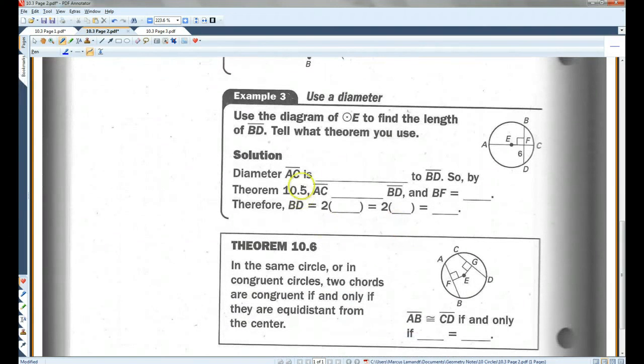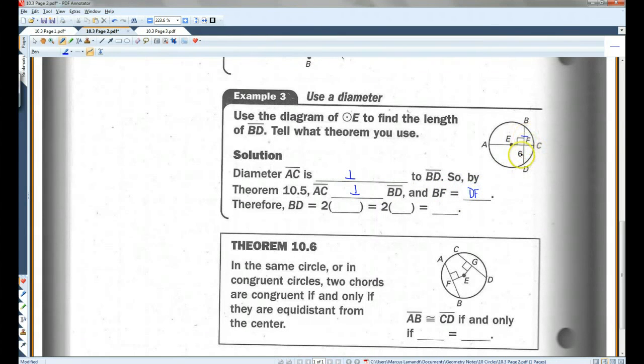Alright, example 3. Use the diagram of circle E to find the length of BD. Okay, so here's BD. This looks like a diameter. Tell what theorem you use. Diameter AC is perpendicular to BD. So by theorem 10.5, AC is perpendicular to BD, and BF equals DF.